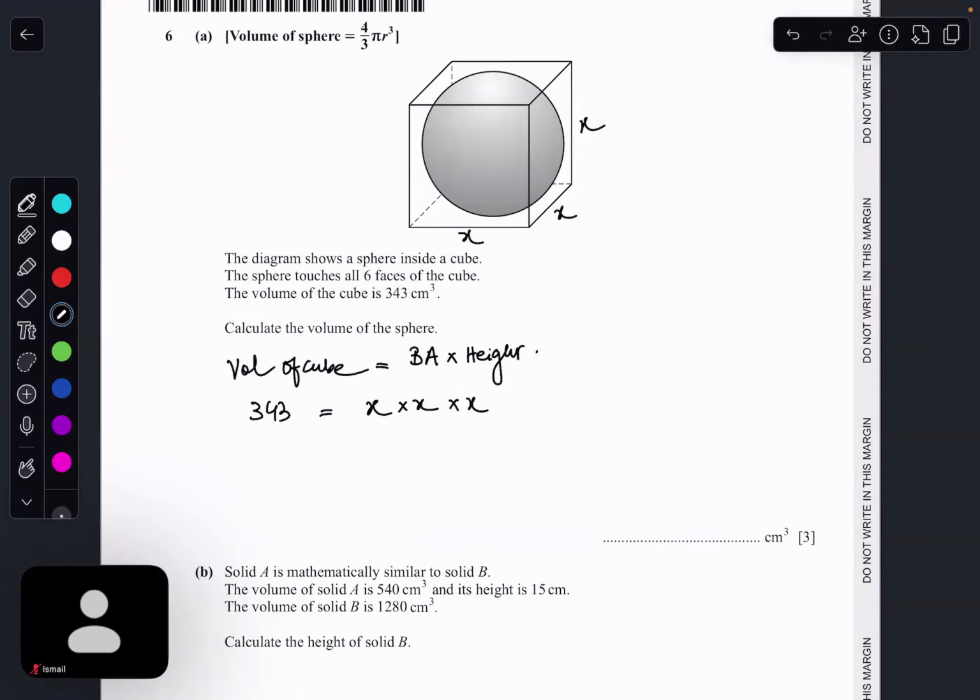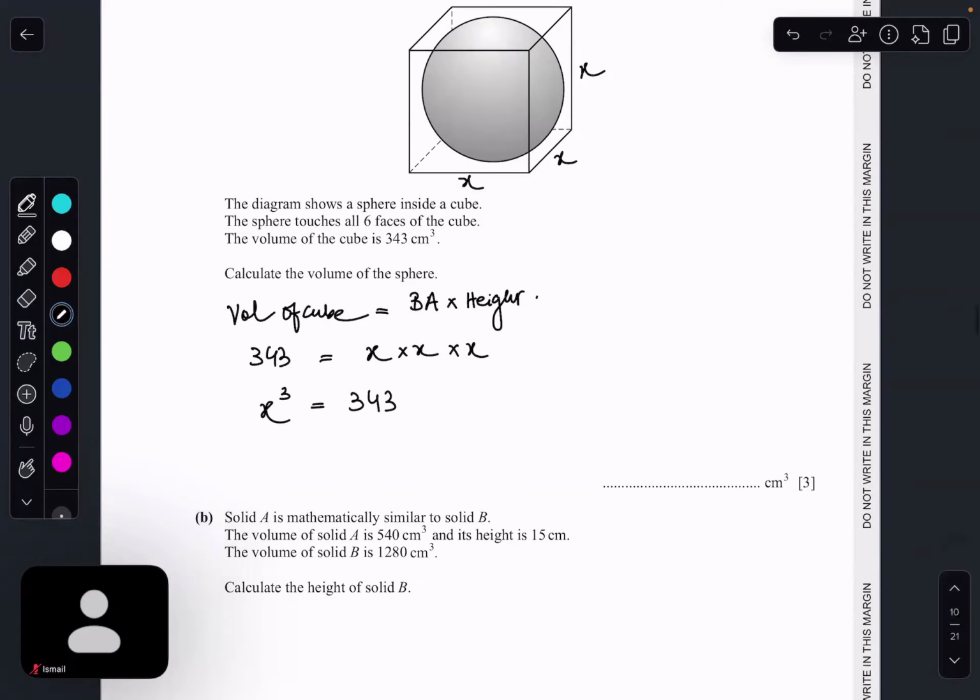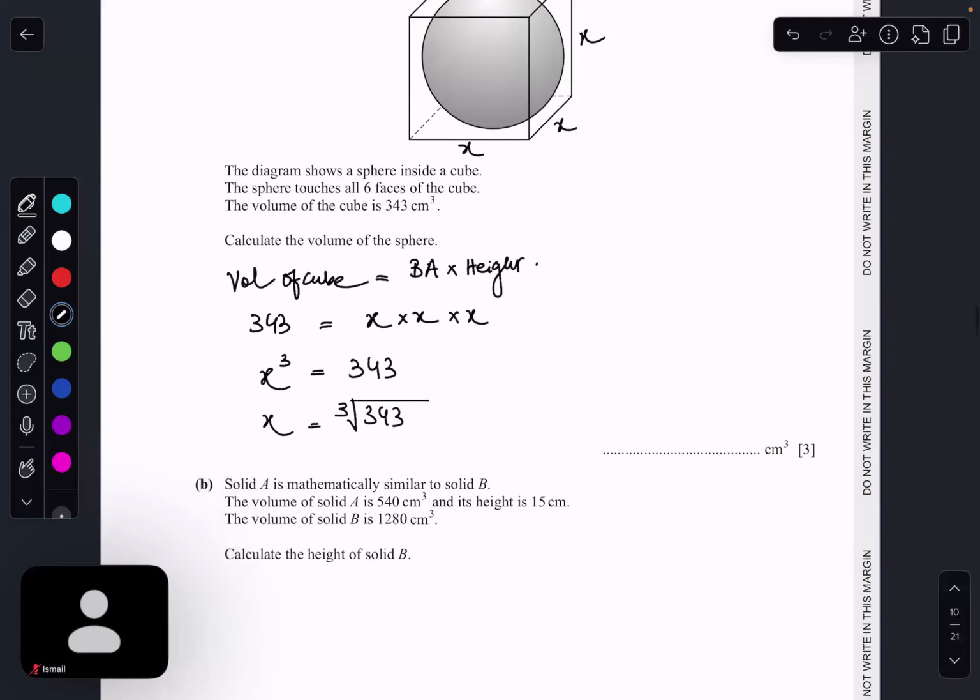Left hand side is equal to right hand side, so I can switch it like this. X cube is equal to 343. Take a cube root of this. What do we have? X is equal to 7 centimeter.